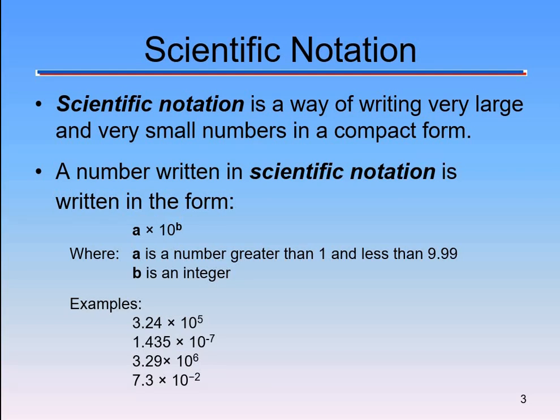Alright, so if we look at the first example here, it's 3.24 times 10 to the 5th. If the exponent is a large number or a positive number, okay, it's going to be a larger number. If the exponent is a negative number, so if you look at example 2 here, it's 1.435 times 10 to the minus 7th.